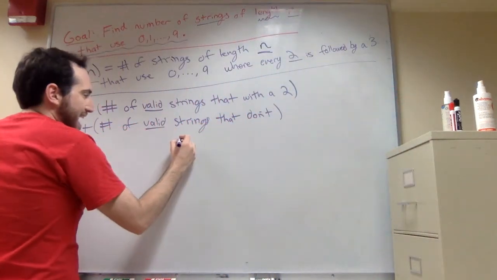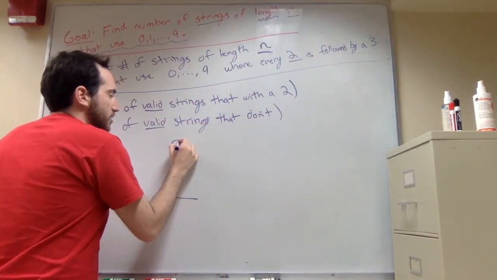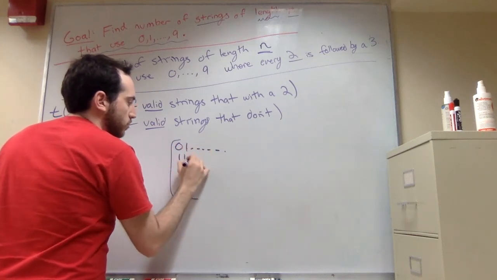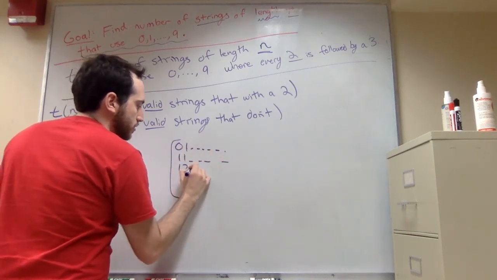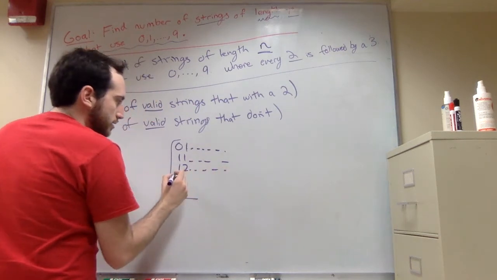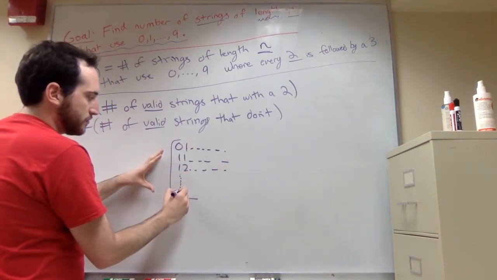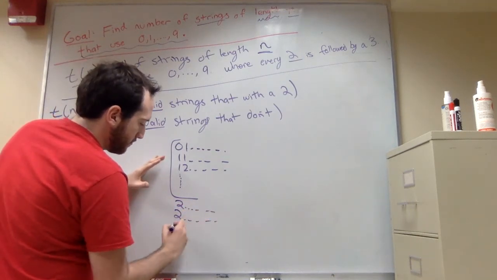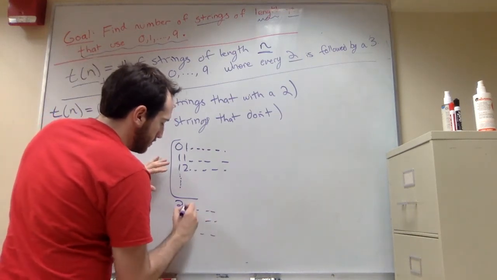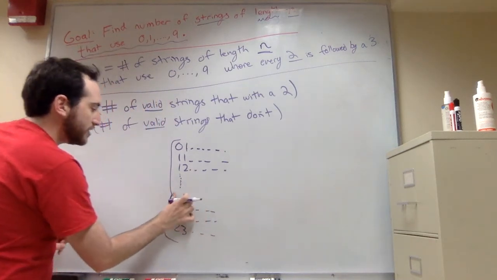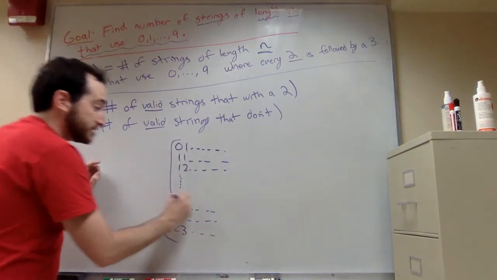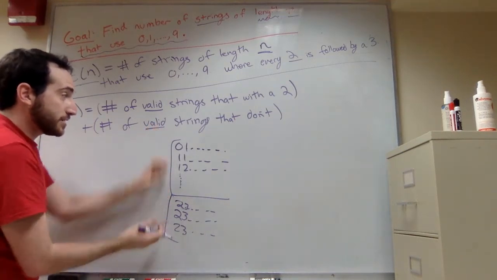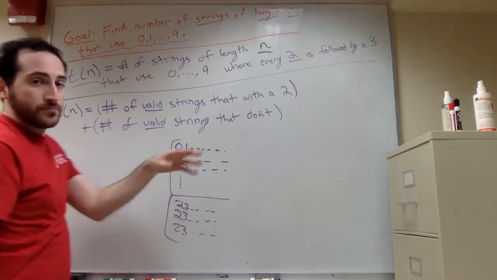If we were to list them out, it would be a bunch of strings, and some of them would start with a 2 and some wouldn't. So we're going to count these separately and add them together.